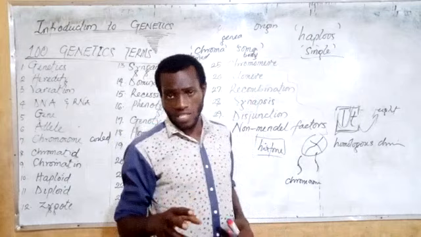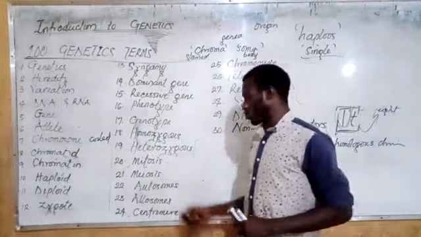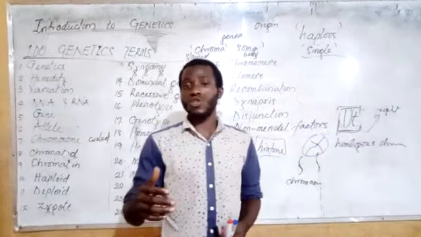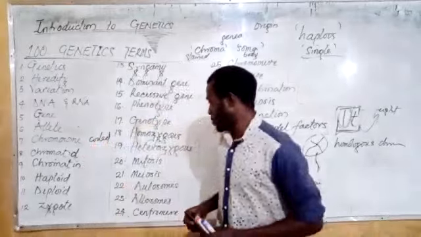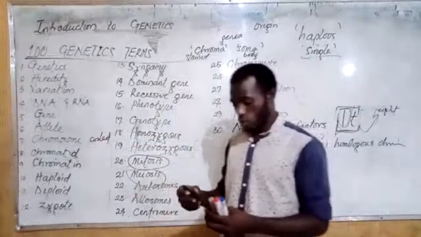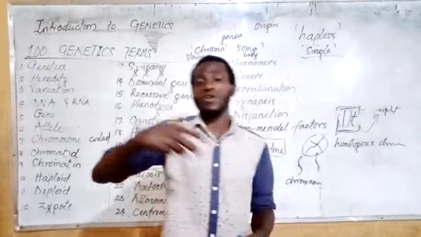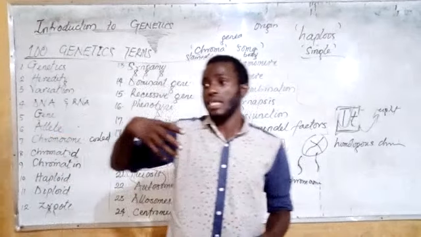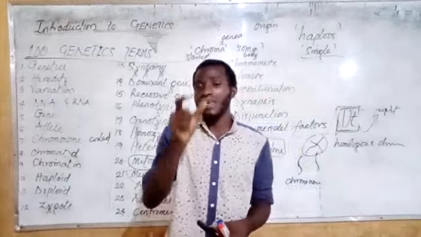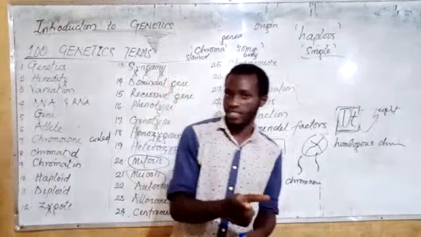Now, there are two types of cell division. We have mitosis, which is the mitotic cell division, or the meiotic cell division, which is meiosis. In mitotic cell division, the division happens such that the daughter cells that are given rise to have the same exact number of genetic characteristics as the parents that gave rise to them.